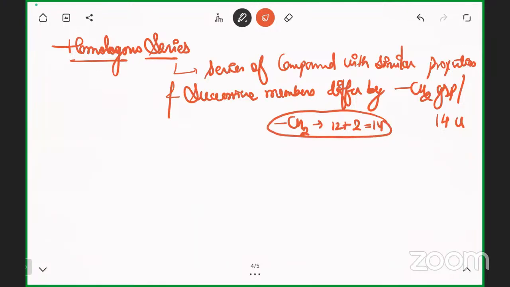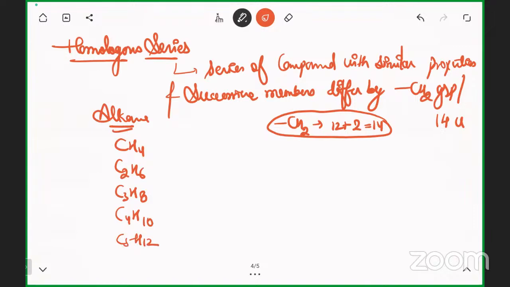Okay, so we can take one example of the alkane series, basic. First example, CH4, then C2H6, then C3H8, C4H10, C5H12, C6H14. You can go further.